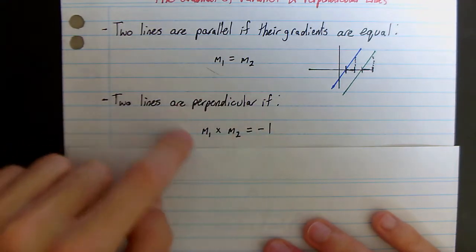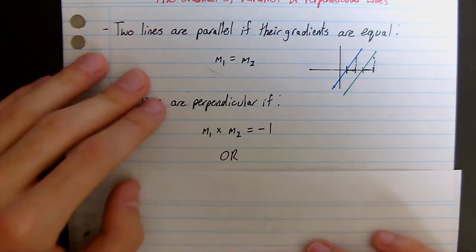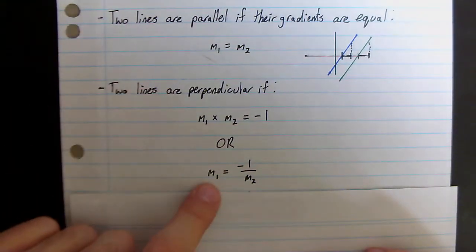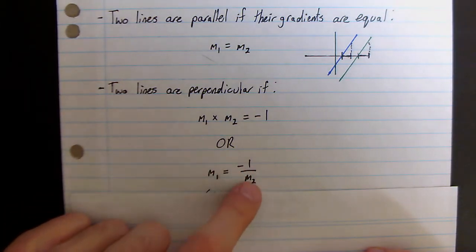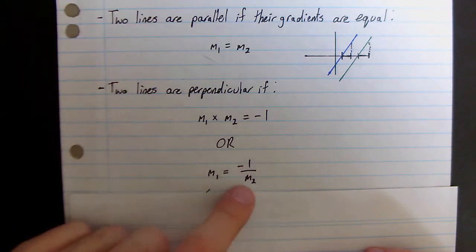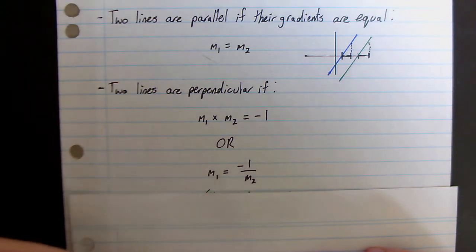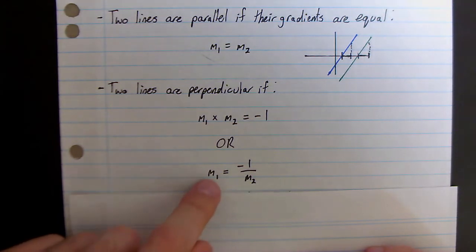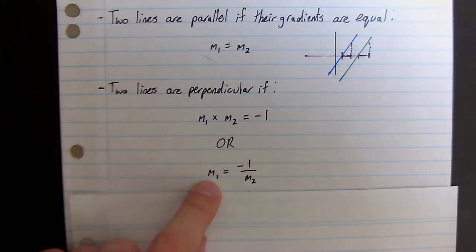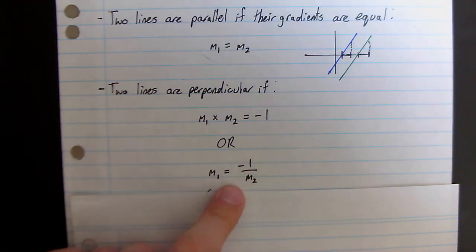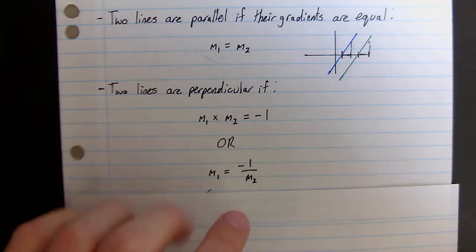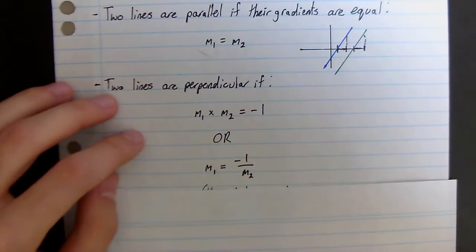Now, if I want to rearrange this equation to something like this, this is basically saying if I know one line's gradient and I want to find the gradient of a perpendicular line to the line I know, then I can say, well, the gradient of the line I want to find is -1 divided by the gradient of the line we know, okay?